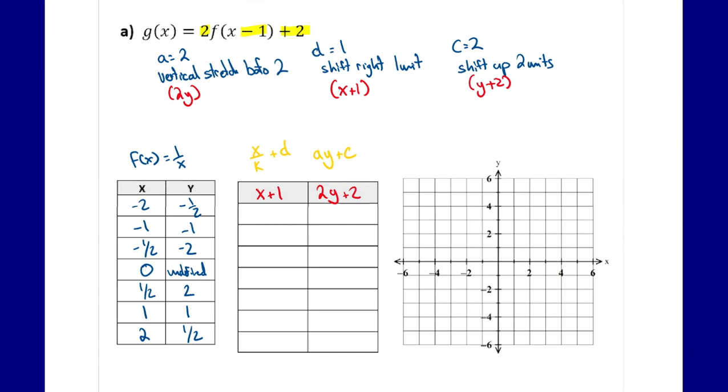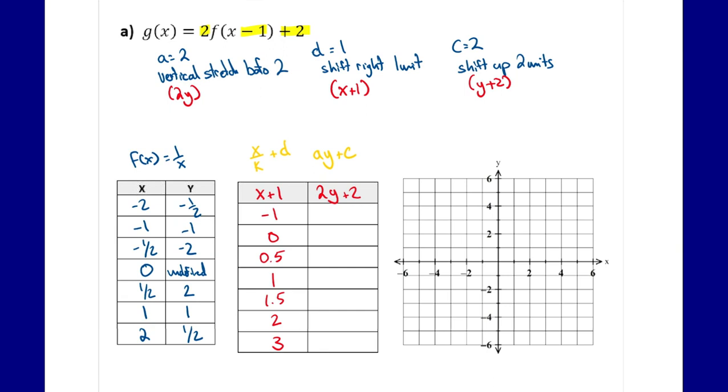Now we can go through and apply all those transformations. So my x values, I'm just adding 1. So we're at -1, 0, 0.5, 1, 1.5, 2, and 3. For my y values, again multiplying them by 2 and then adding 2.